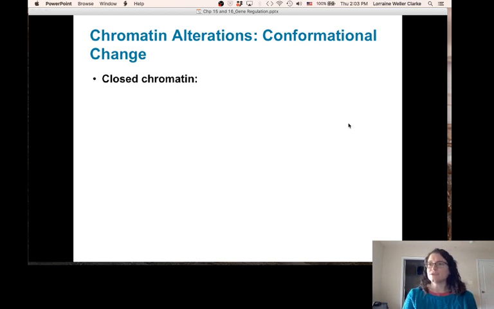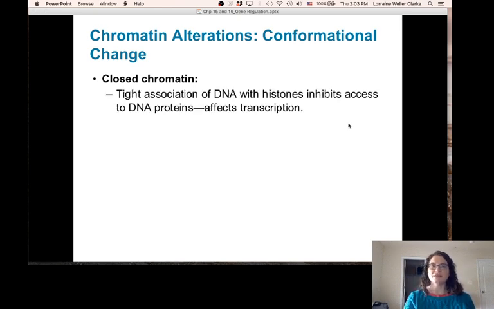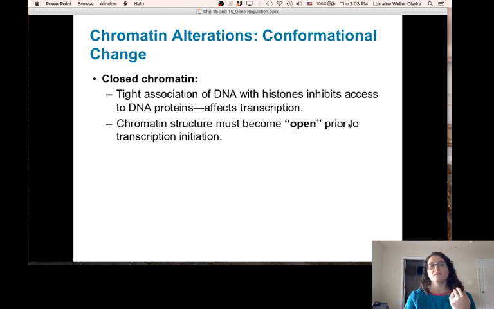Chromatin can be altered in order to make it more accessible. We talked a bit about this. I'm going to revisit those, but the idea is that closed chromatin has a tight association of DNA with histones, okay, that affects transcription. Opening the chromatin is important to initiating transcription.